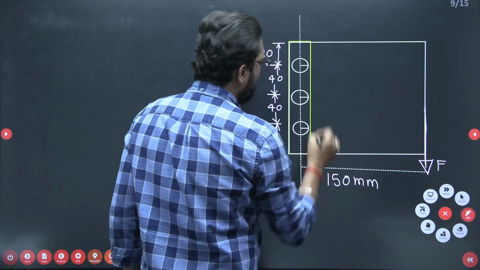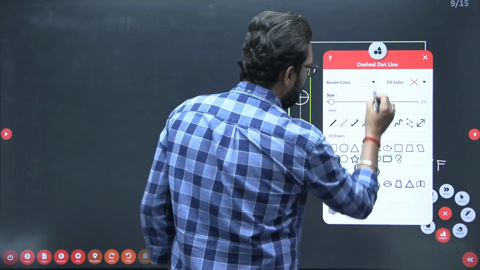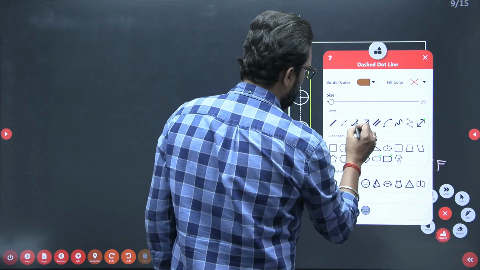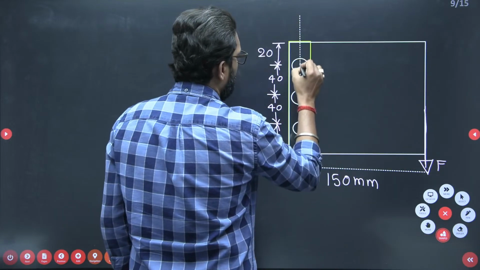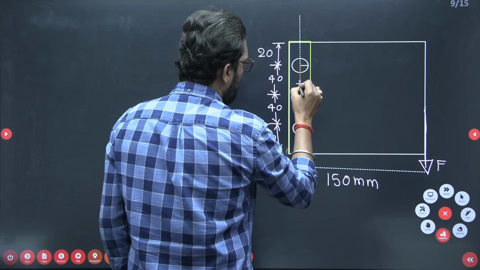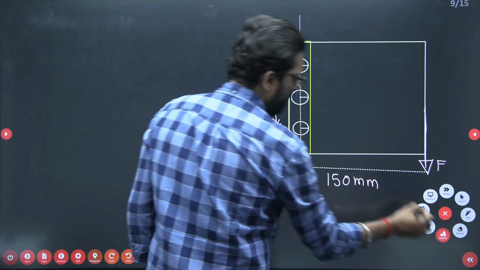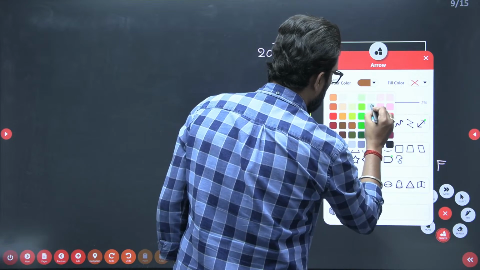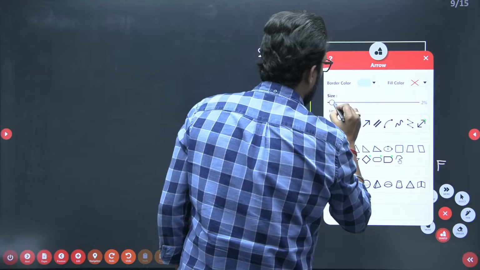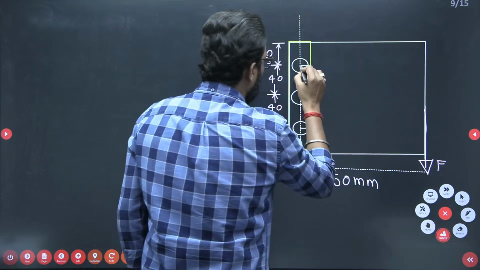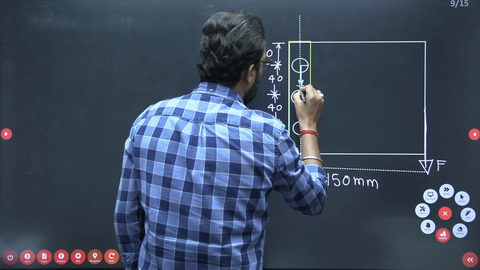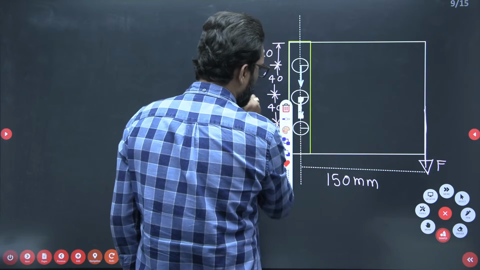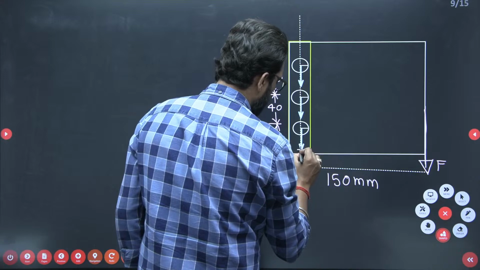all the bolts have a direct load. On all the bolts there is a direct load, here downward. Direct load on this bolt, on this bolt, on this bolt, downward.